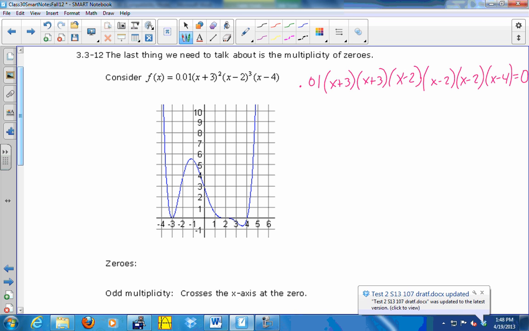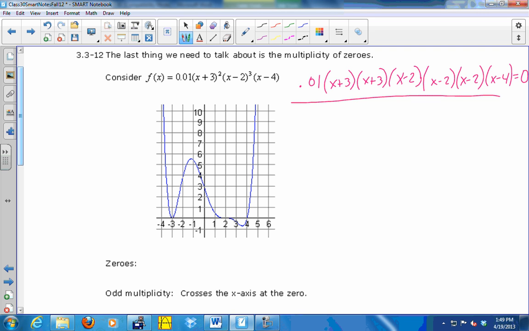There we go. So x plus 3 squared, that just means x plus 3 times x plus 3, and x minus 2 cubed means x minus 2 times x minus 2 times x minus 2. Just writing it all out the long way. So when I'm trying to solve this equation, first thing I might do is just divide everything by 0.01 to get rid of that coefficient.